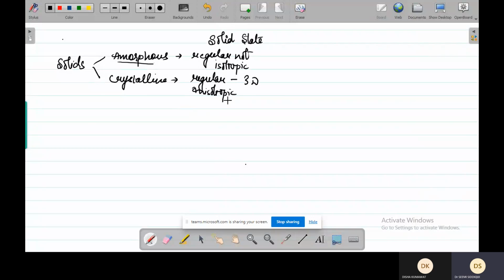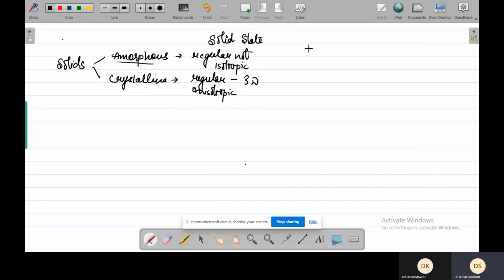Means their physical properties like your electrical resistance or refractive index, they show the different values when measured along the different angles or directions in the same crystal. They have the definite geometrical shape with the flat faces and the sharp edges. For example, your quartz and NaCl.